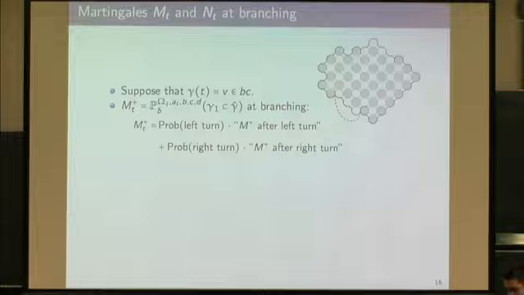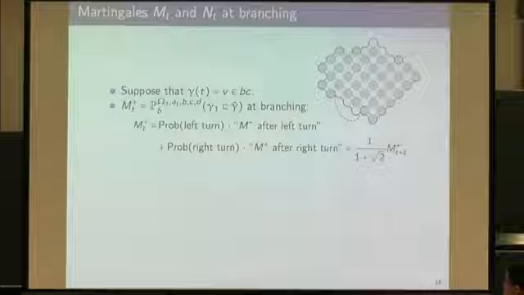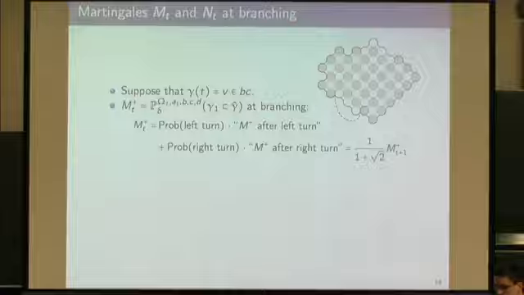This is just the expected value, and we see that if we turn right, then we can no longer have this connection, so this is 0, and the probability of the left turn was this, and the value after that is something.